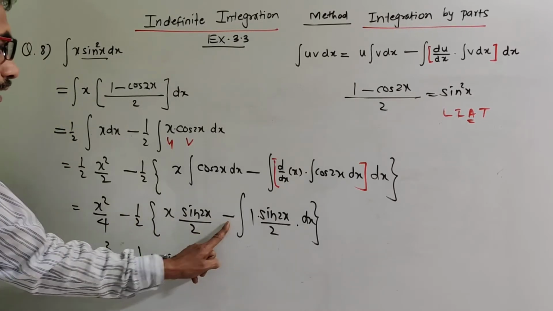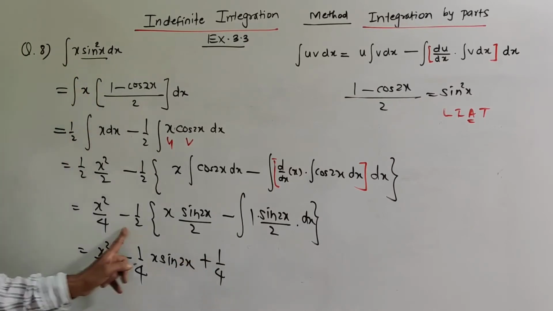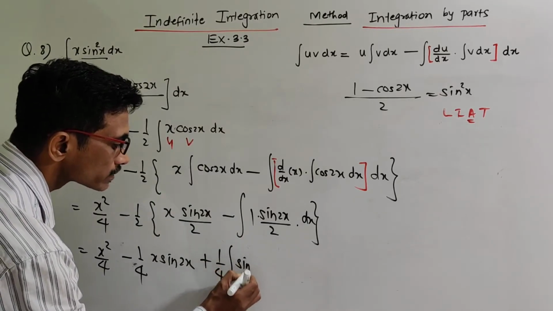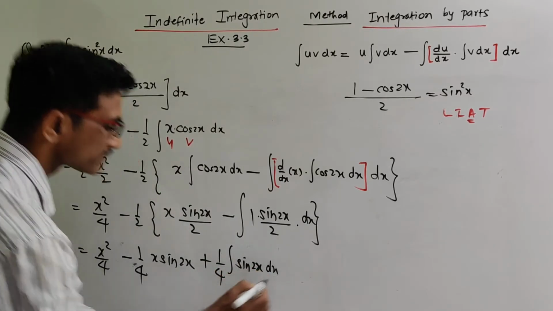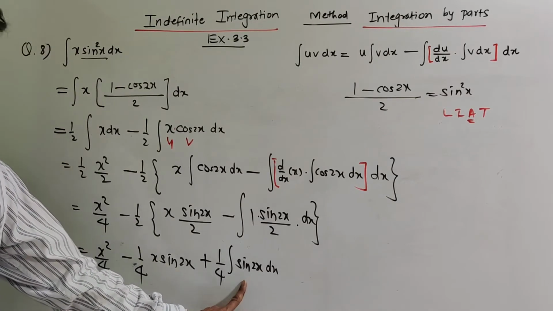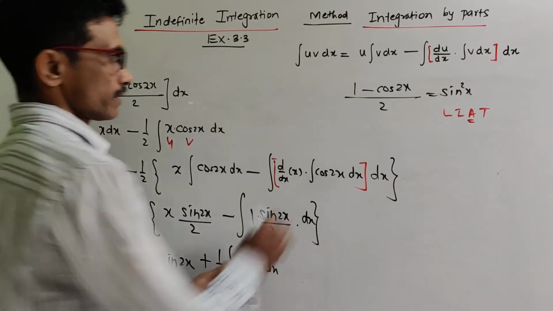This is x square by 4, 1 by 4 minus 1 by 4 x into sin 2x. This minus and again this minus will give us plus 1 by 4, 2 and this 2, integral of sine 2x dx. Now we integrate this only, its integration will be minus cos 2x upon 2, that only we will write here.